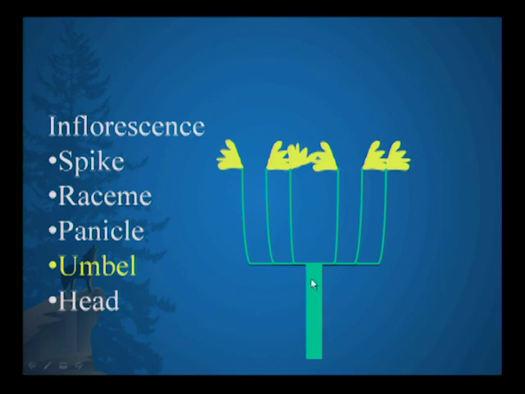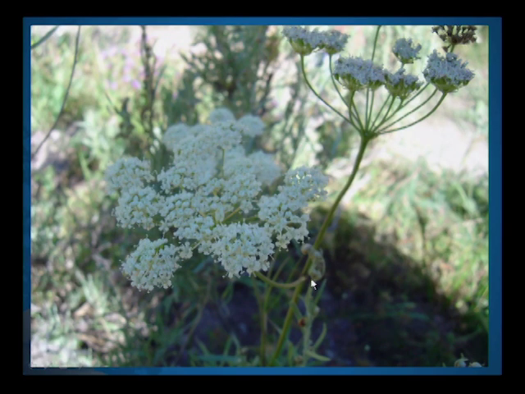This is known as an umbel. Here is an example of an umbel, and there are a lot of plants like this in the ecosystem. Cow parsnip, this one is actually referred to as hemlock parsnip and is a poisonous plant. So again, these would be the umbels that you see here.